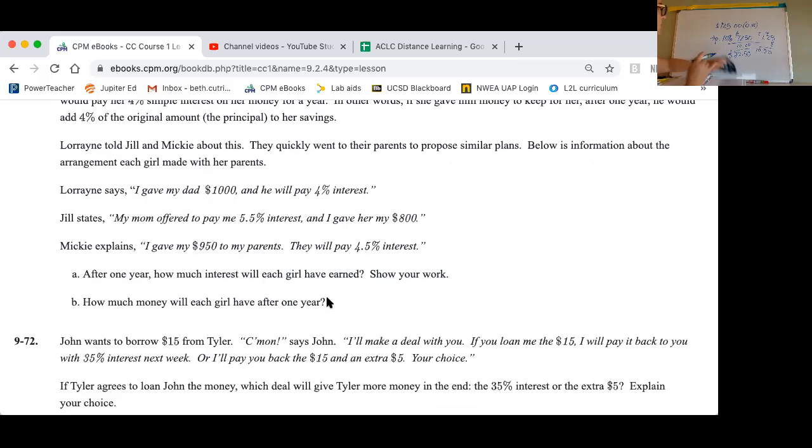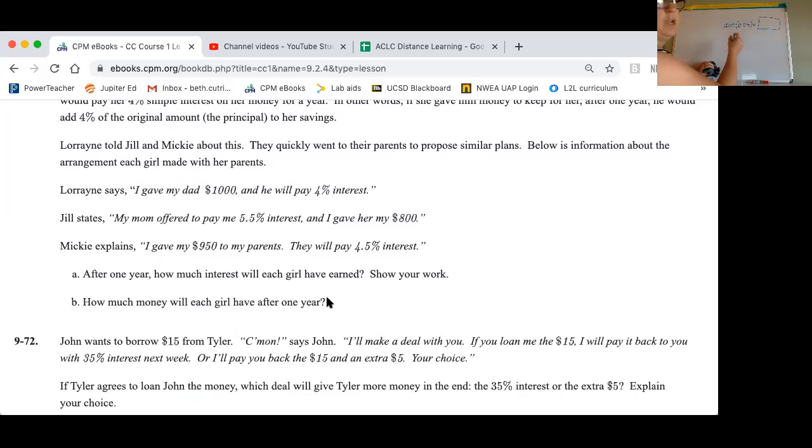So basically, you're just going to take the amount of money they have given their parents. So we have $1,000 times 4% interest. Let's write that better. Equals how much interest Lorraine's going to get.